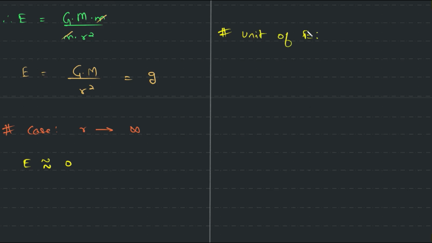The unit of E can be Newton per kg, or you can solve it: Newton is force, mass into acceleration, so meter per second square. Mass will get cancelled. So dimensionally, it's quite simple.